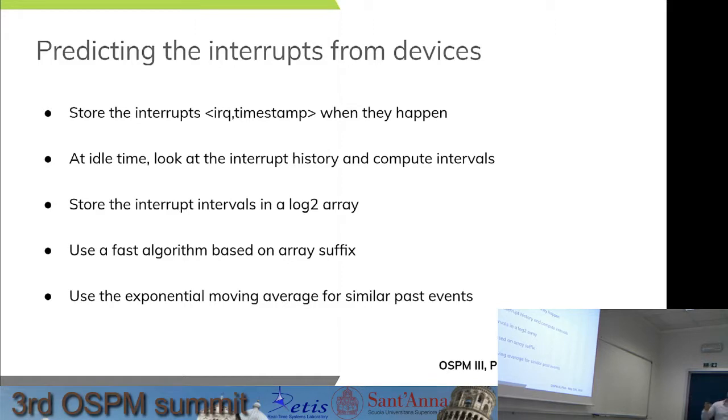When we go to idle, we take the interrupt history and create a different table for each interrupt. We reduce the interval number on a log2 basis and compute an exponential moving average with the values. We put that in another array. When we find a pattern, we use the array of the exponential moving average to get the value for the interval where we have the average.